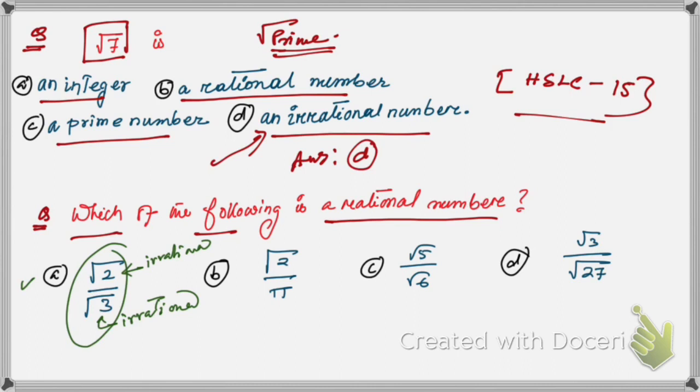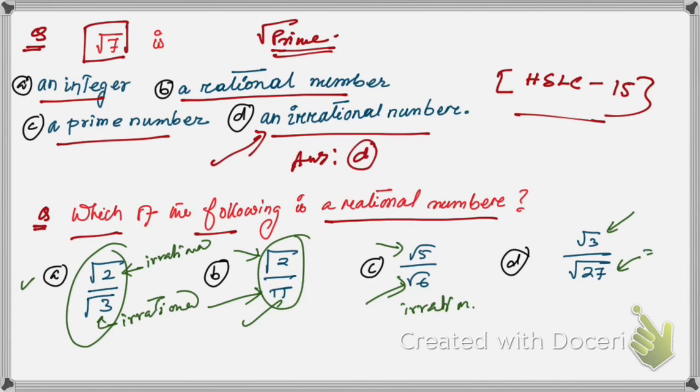We know that root 2 is irrational, pi is also irrational, so this number is also irrational. Then again, root 5 is irrational, root 6 is irrational, so it is also irrational, right? Now here you can see root 3 is irrational, root 27 is also irrational, but the result of this is not irrational.